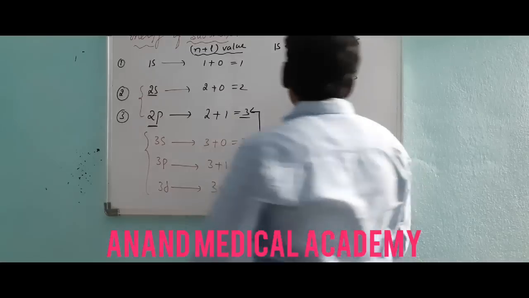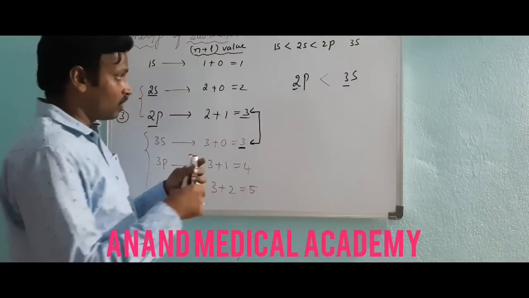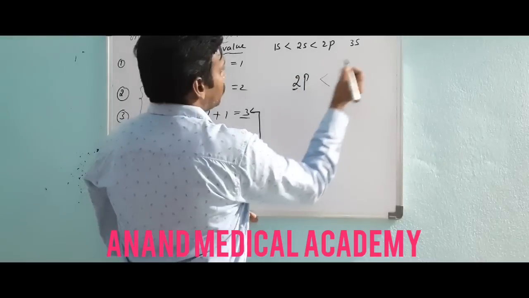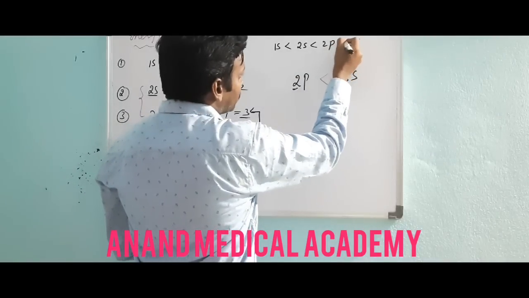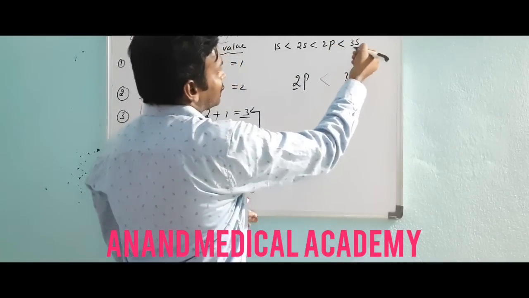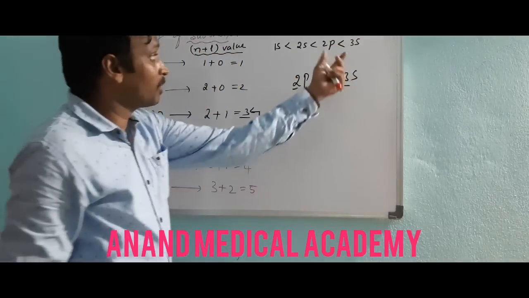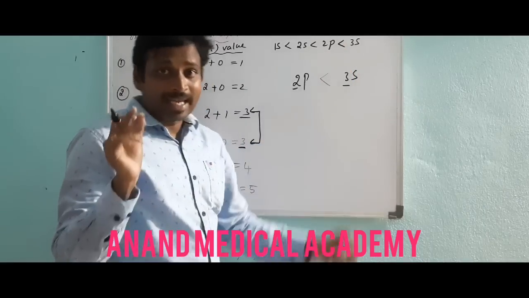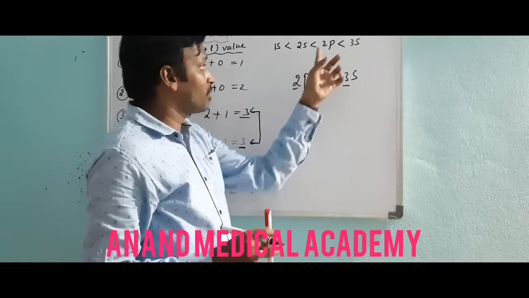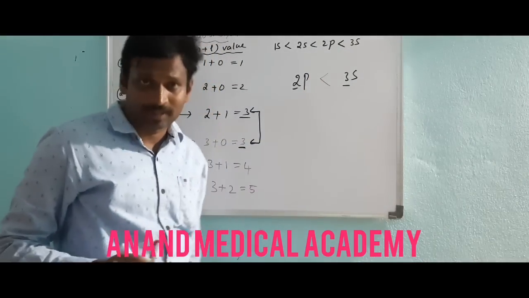Got it clearly? Once again, in 2p and 3s, 2p has less energy than 3s, even though the n plus l values are the same for 2p as well as 3s.